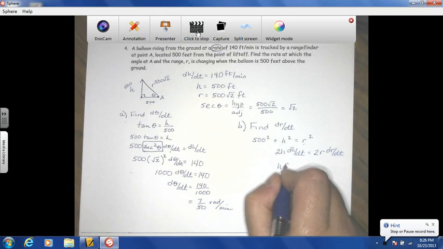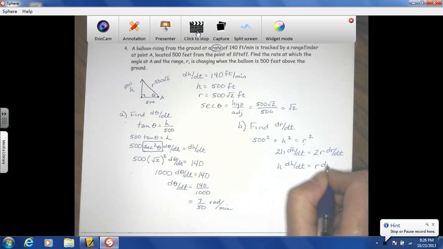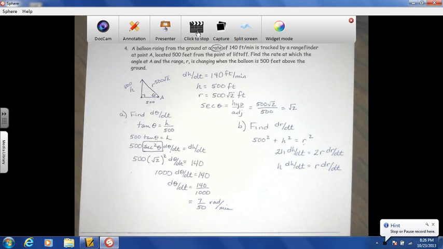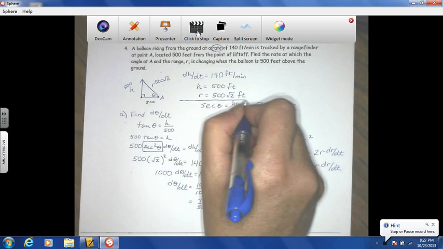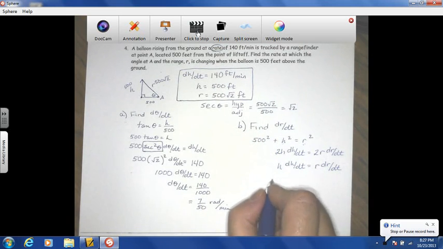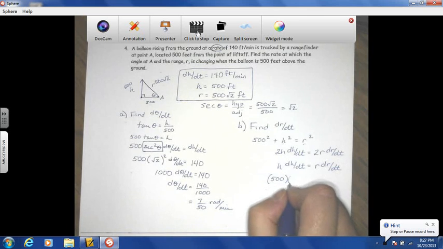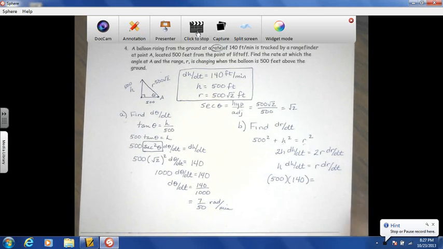So h dh dt is equal to r times dr dt. And then come up here to our givens and fill those in. At the instant in time, we have 500 for h. We have dh dt as 140. R is 500 square roots of 2, and dr dt is what we're trying to find.